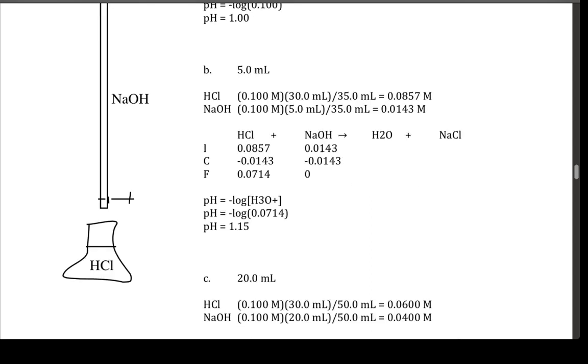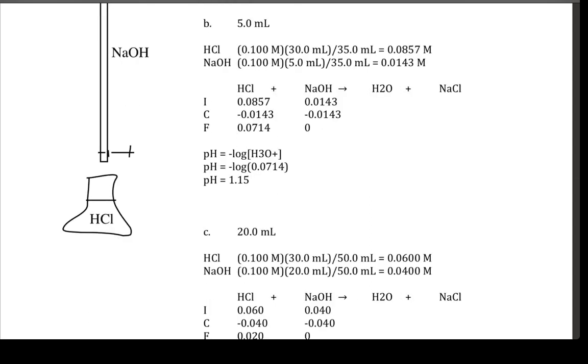Alrighty, next we're calculating the pH after the addition of 5.0 mLs of NaOH. Now, before we can do our calculation, we have to realize that we've added liquid NaOH to liquid HCl.